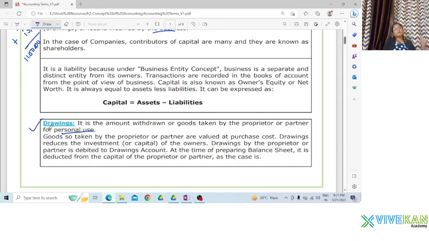That will reduce the capital. The main word is amount withdrawn, or goods also. If your company is producing some goods and you withdraw those goods for personal use, it will be deducted from your drawings.